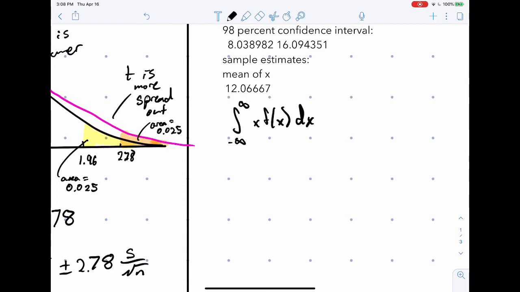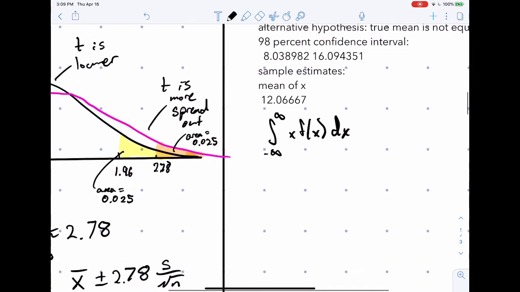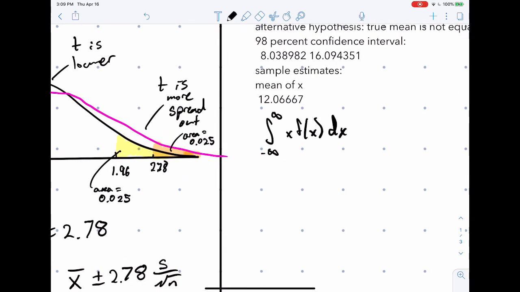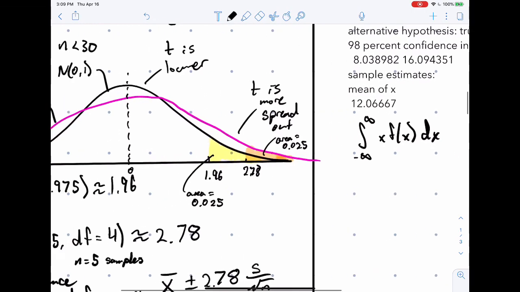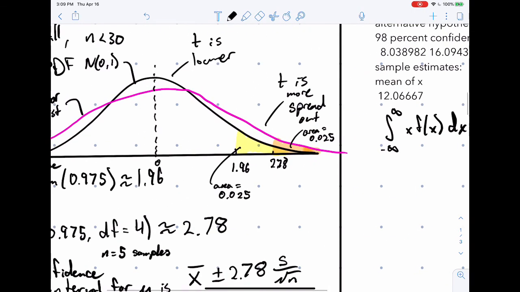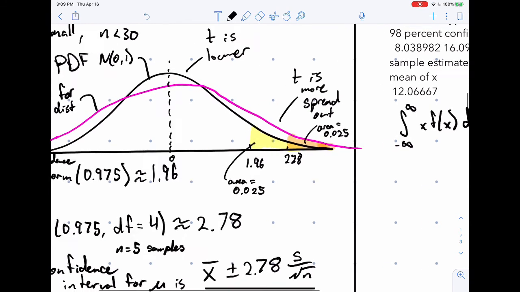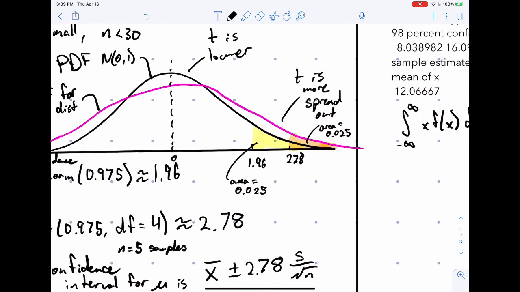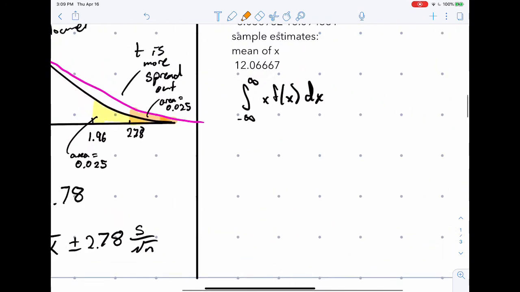This integral is not defined for a t distribution with degrees of freedom 1. So a mean doesn't necessarily exist, and the same is true of the variance. It doesn't exist either. So it's a strangely behaved distribution, even though it has a clear center point, a clear median, which is 0, just like it would be for the normal distribution. So just some fun facts about the t distribution.